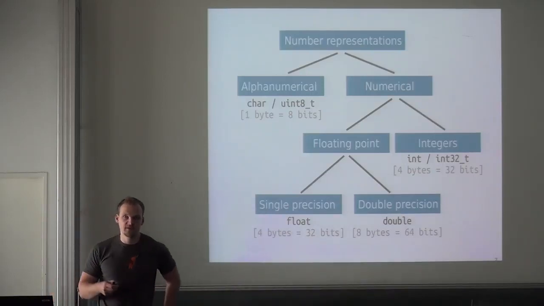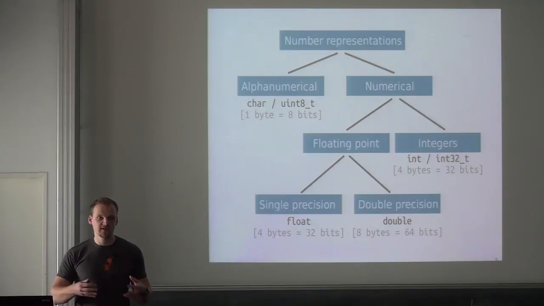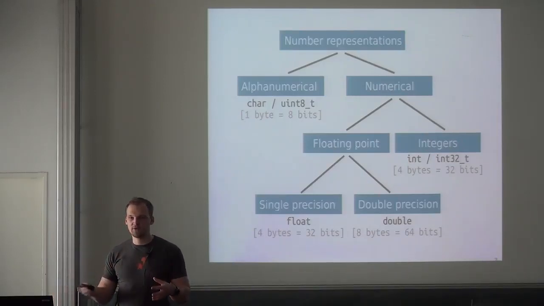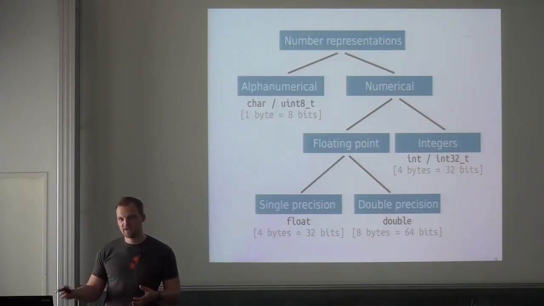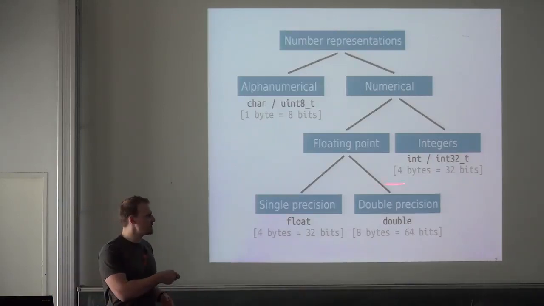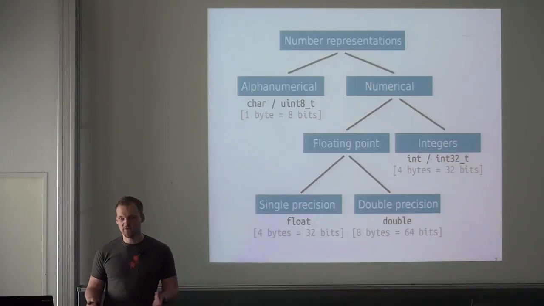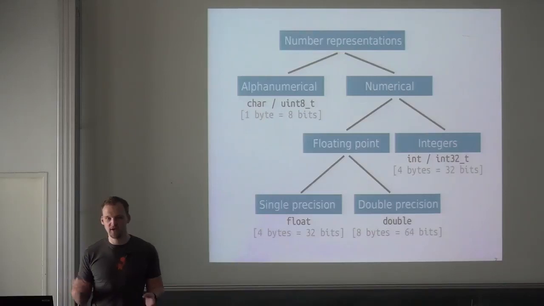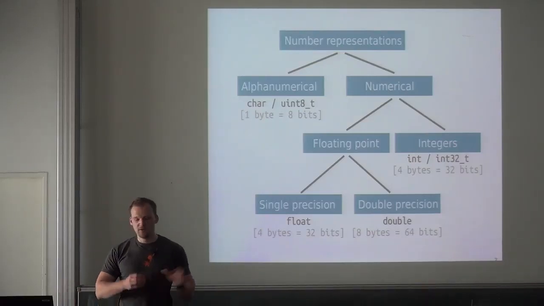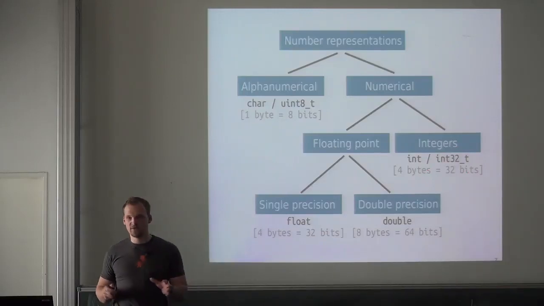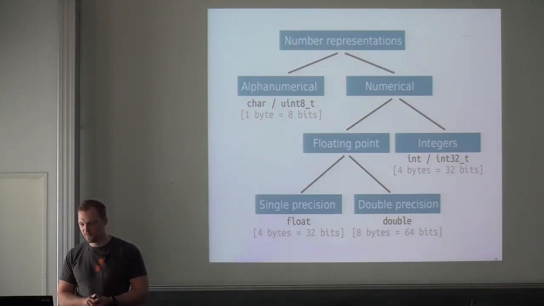C++ is a standard, and the different people who implement the compilers can implement their own version of the standard. On most systems, integer will actually be 4 bytes, but not on all systems. There are other systems where integer will be 2 bytes or 8 bytes and so on. But usually it's 4 bytes. If you want to be sure, use this type. This way you guarantee that it's going to be 4 bytes.